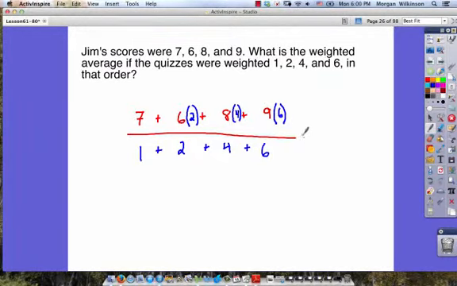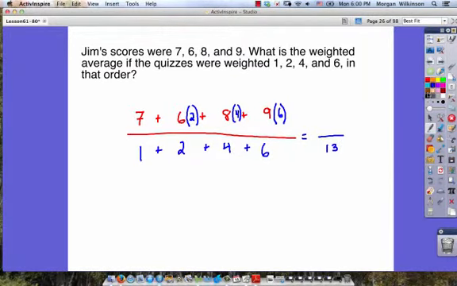Now we can go ahead and find out what our weighted average is going to be, because it's telling us the 9 is 6 times more important than the 7, the 8 was 4 times more important than the 7, and the 6 was twice as important as the 7. Well, 1 plus 2 is 3, 4 plus 6 is 10, and 3 plus 10 is 13.